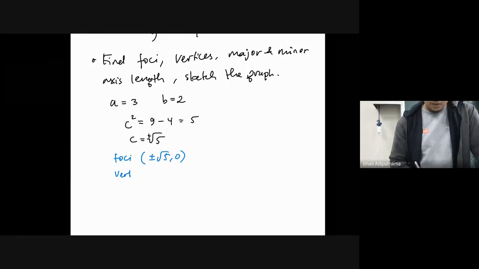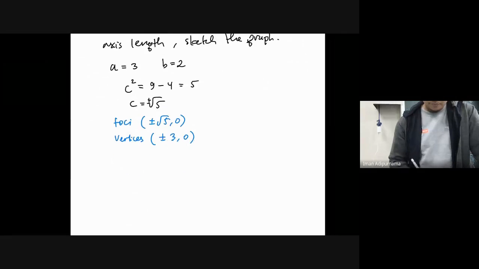And then the vertices are plus or minus 3. Major axis length is 6 and minor is 4.